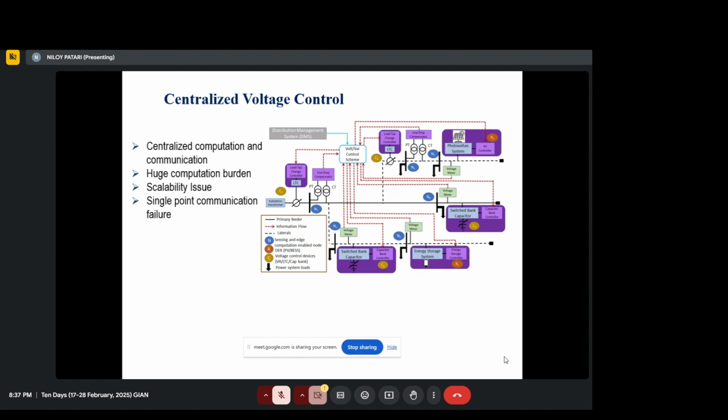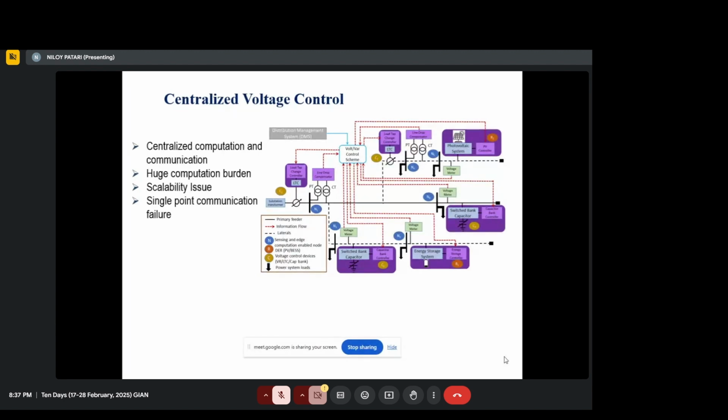So you have this huge optimization problem that you have to solve within a certain time, because you have to give the set points back to the control agents. If the computation is not done within that time, then operators don't know what to send, and they don't know what to do. So it's a huge computation burden that we have for centralized.